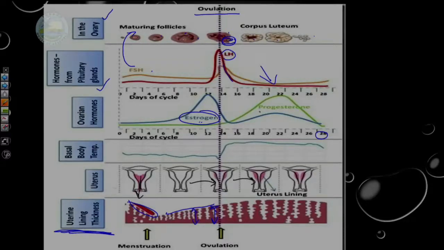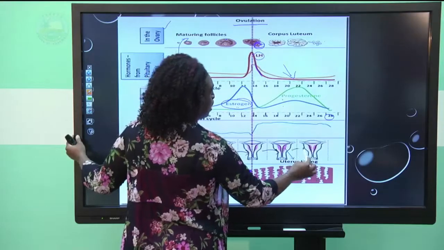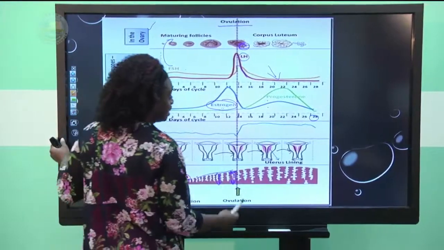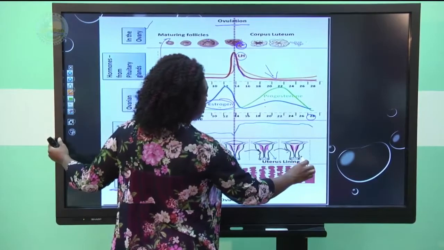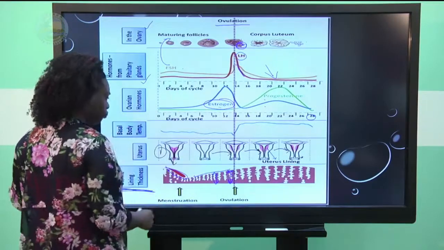So both progesterone and estrogen are going to maintain the lining, if no fertilization takes place, until the lining is at its thickest around day 28, and then it is going to be shed. So we'll start back at this position here.